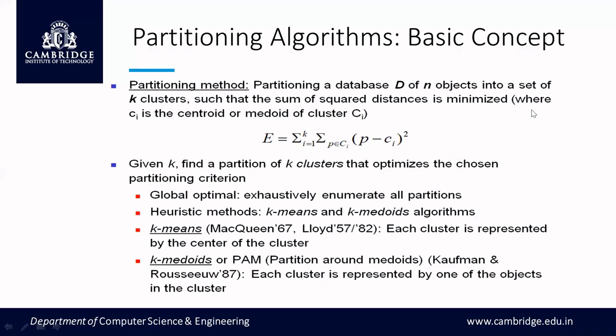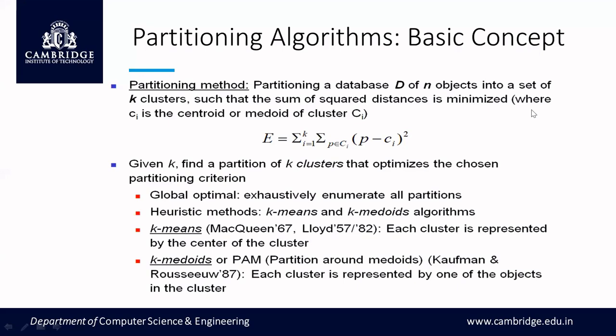In the first step, we will randomly choose any 2 data points in the data set. You can make a note of it. The first step is you have to decide how many clusters are required, that is, determining the number of clusters.